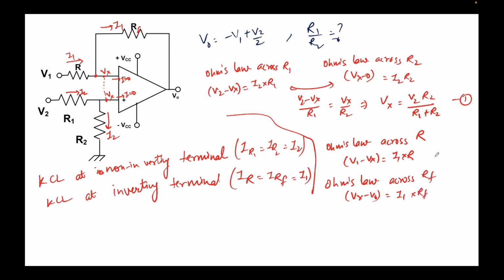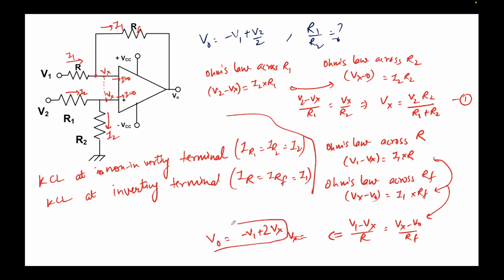From these two expressions, I get V1 minus Vx upon R equals Vx minus V0 upon RF. Note that RF equals R, so this gets cancelled. The value of V0 I can get is simply minus V1 plus 2 times Vx. It's just a rearrangement of the terms.